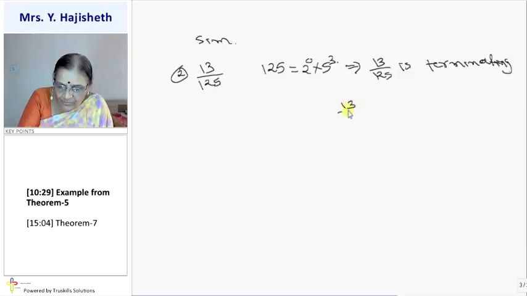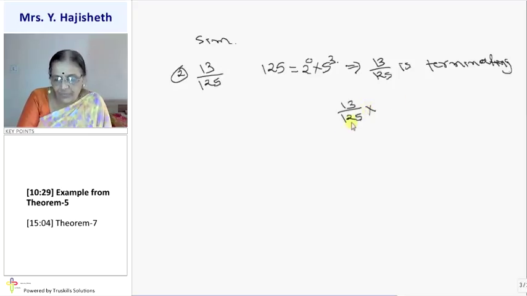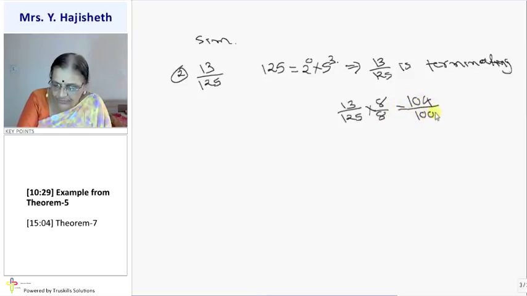Now in order to convert 13 upon 125 in a decimal form, the denominator is 5 cube. So in order to make it 10 cube, I should multiply both n and d by 2 cube. 2 cube matlab 8. So it is 13 8 ja 104 upon 1000. So it is 0.104. Clear?